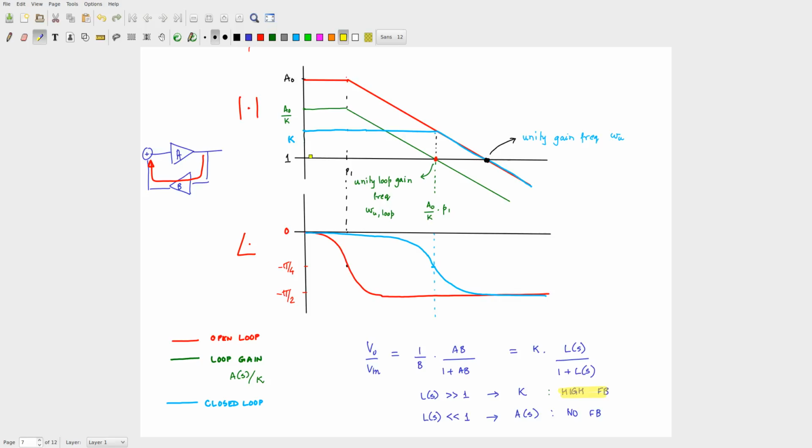It's below the unity loop gain frequency, that is here. In the situation where you have loop gain greater than 1, you have a high amount of feedback, and in that region, look at your final closed loop quantity. The closed loop quantity is K. So what is happening there?